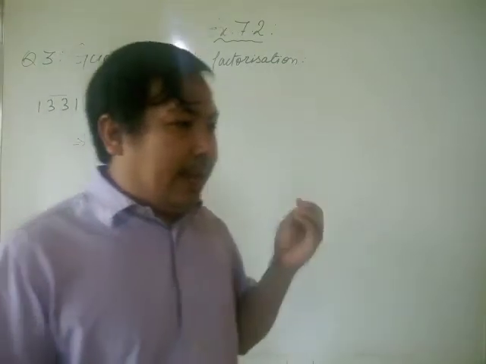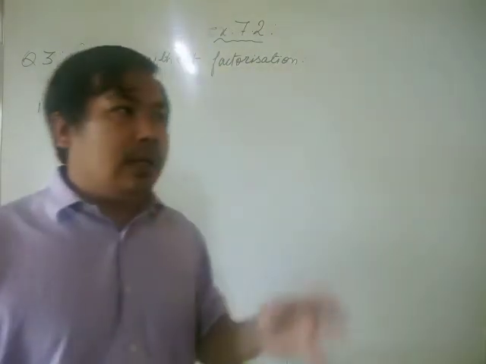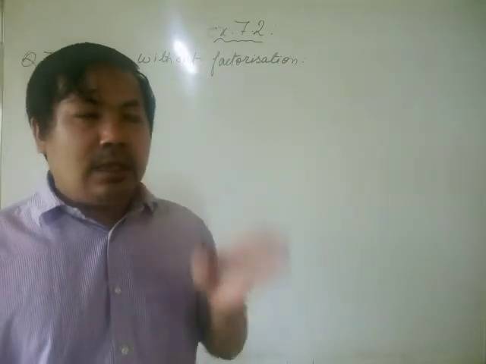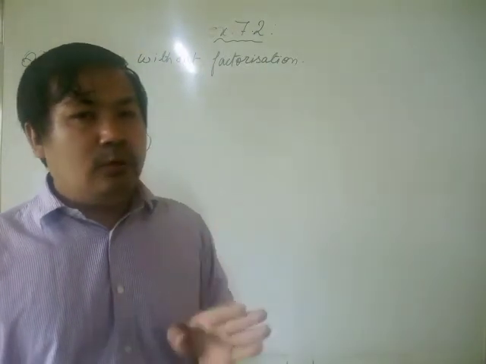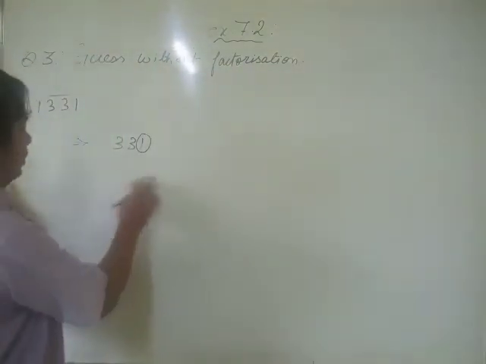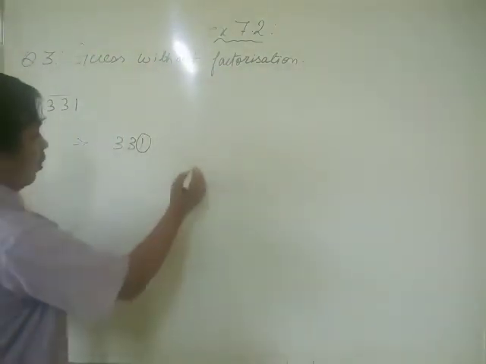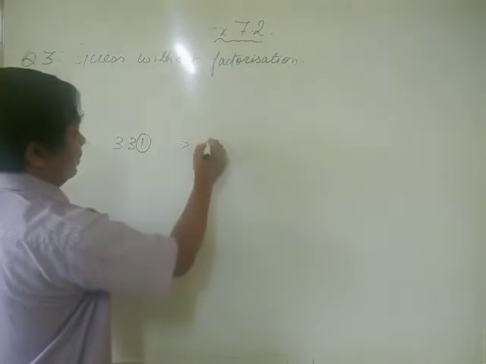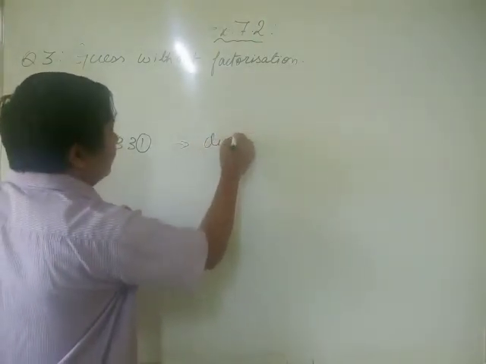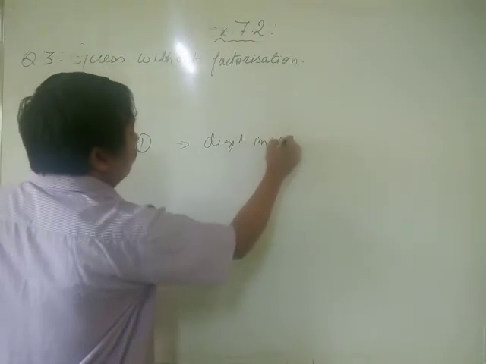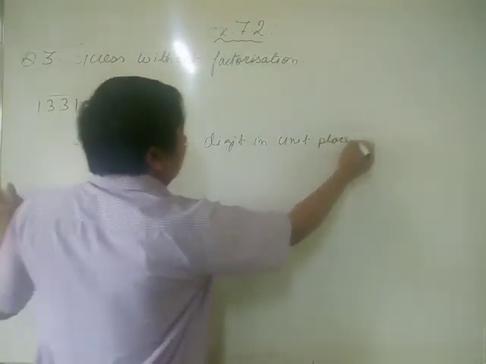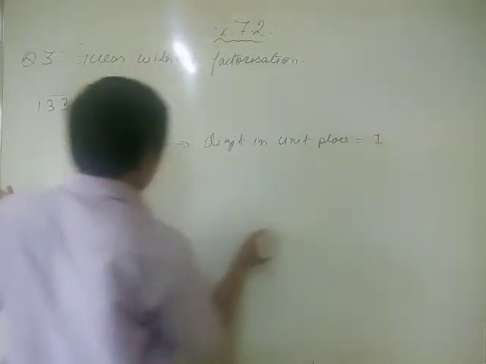It means any number having 1 in the unit place, 1 as the last digit, its cube root also will have 1 as the last digit. So the digit in the unit place is 1. Let us take 1.